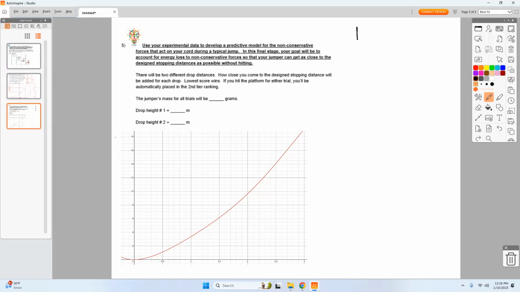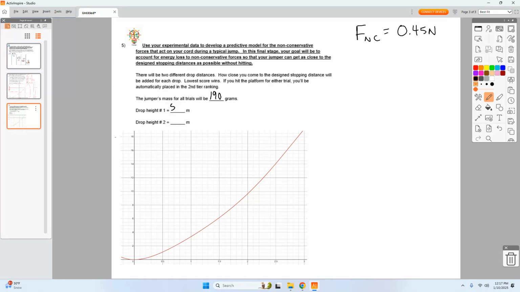And I'm going to say that the force non-conservative, for this one, is 0.45 newtons. Just going to use that one for this calculation. Now, let's say that I'm giving you a jumper's mass for all trials. Let's just say that I'm giving you 190 grams. And the drop height, I'm just going to do one of these.